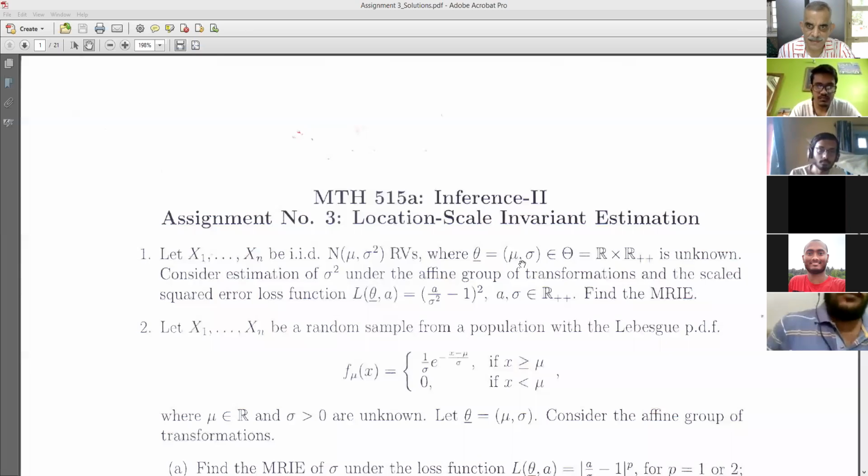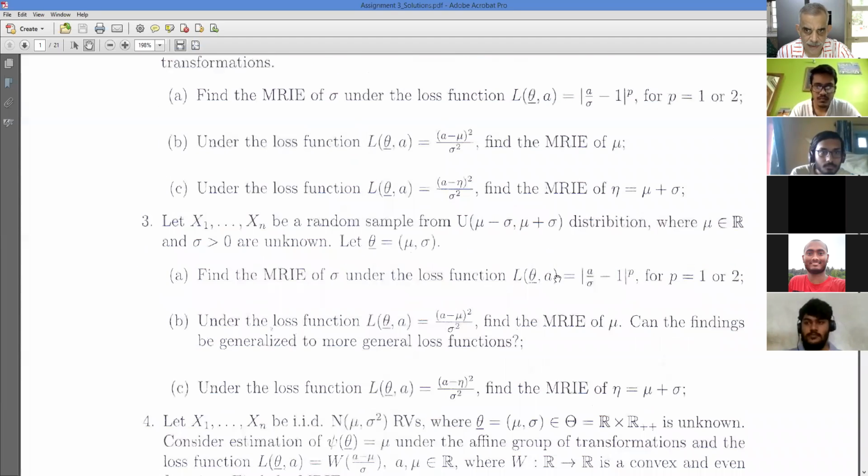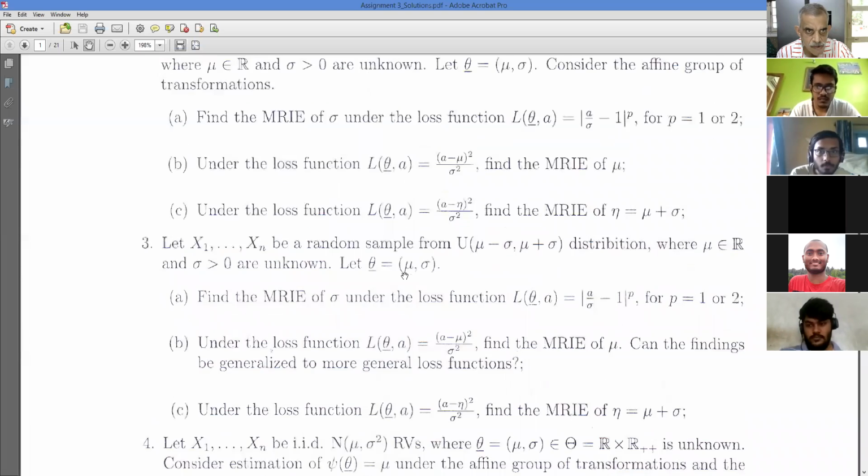This is the assignment 3? Yes, sir. Problem number 2A for P equal to 1.